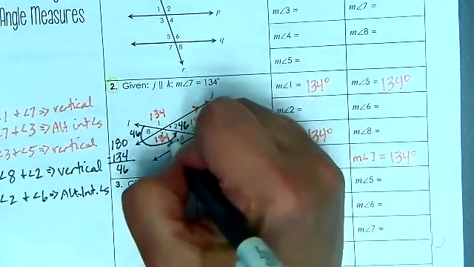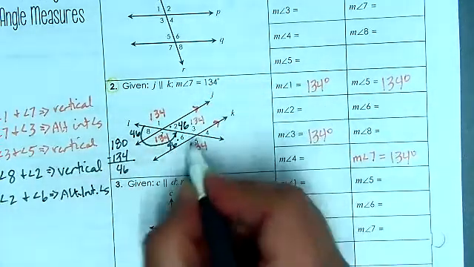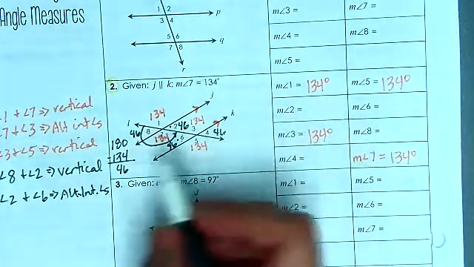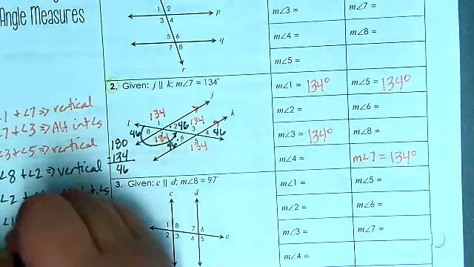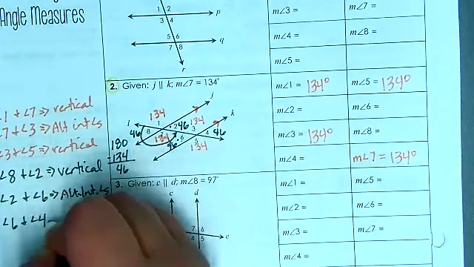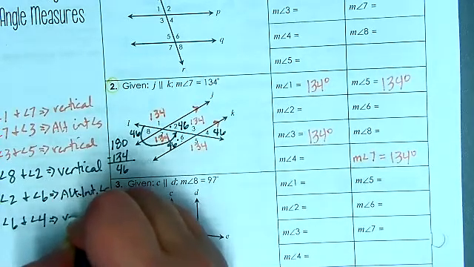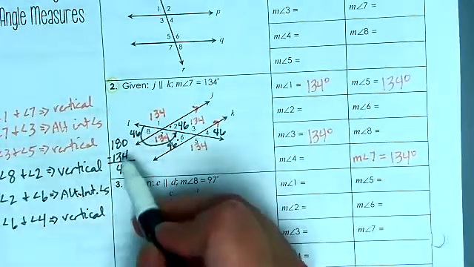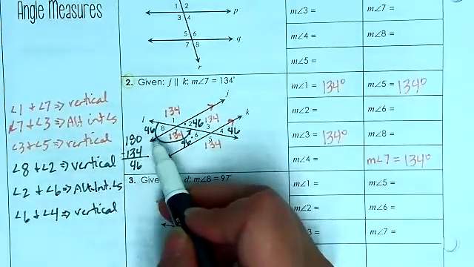This one's 46. So then by vertical angles, 4 is 46 as well. So I've got angle 6 and angle 4 are vertical angles. The only calculation I had to do was to figure out 8.